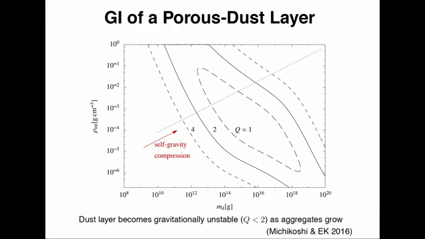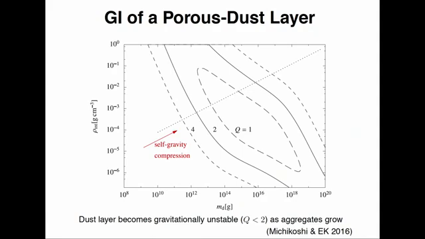This is the same density-mass plane, and this is the growth of dust aggregates. And here, the self-gravity compression is effective. So by this evolution, the dust aggregates inevitably hit this Q less than 2 area. Here, Q is the Toomre Q. Maybe astrophysics students know that.